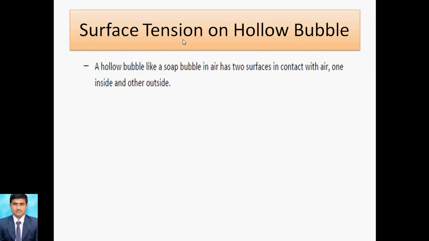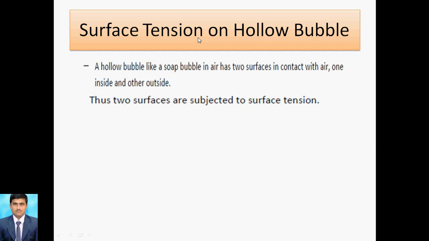A hollow bubble means a soap bubble. Here also we can take two parts, but actually this bubble is in contact with air two times, inside and also outside. Again I repeat, a hollow bubble has two surfaces in contact with air, right? So that's why it is subjected to two forces again.